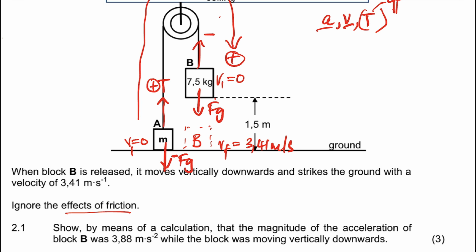Guys, as I've mentioned here, we have the initial velocity and the final velocity, and the displacement of block B is 1.5, and the 1.5 is positive because it's moving downwards. Remember, on this side of block B we said down is positive, and even this final velocity is positive as well.